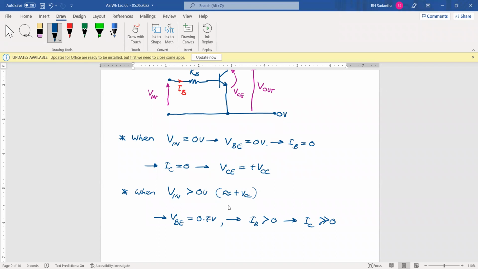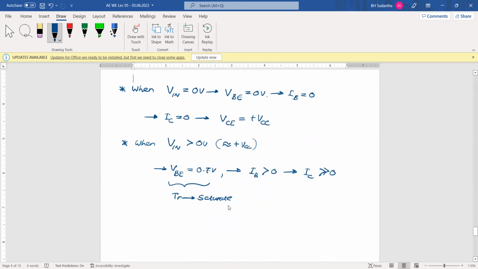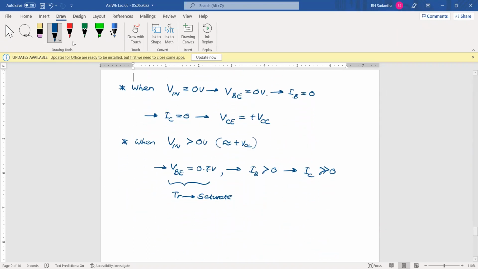And because of this, we put the transistor into saturate region. And IC is a greater current, then when the transistor is in saturate mode, as a result, VCE is 0.2 volts, or we can think of it as 0 volts.